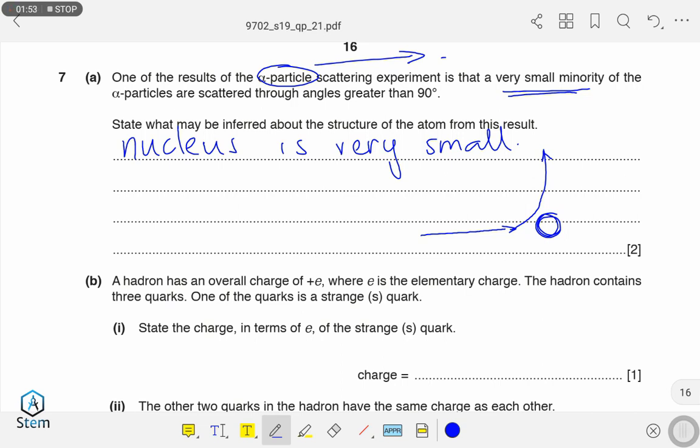So we know it's charged, and we can even tell the charge. So we can also say the nucleus is charged. So these are the results that we can get from the alpha particle scattering experiment.